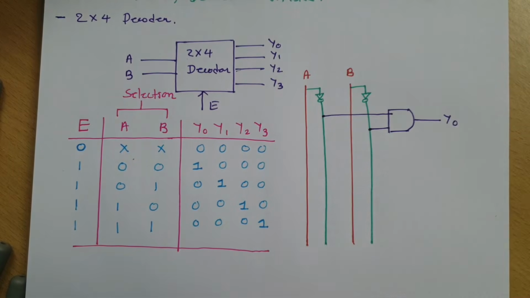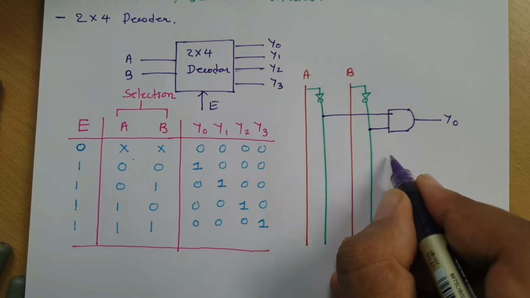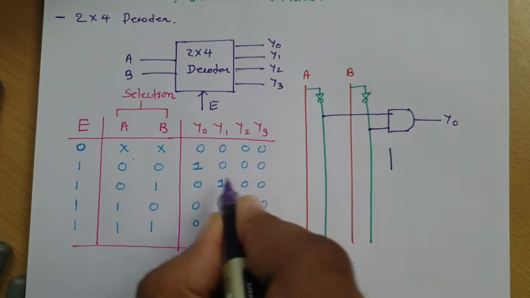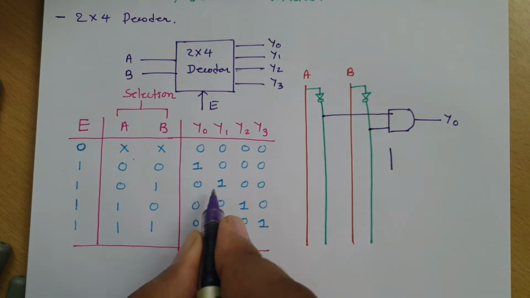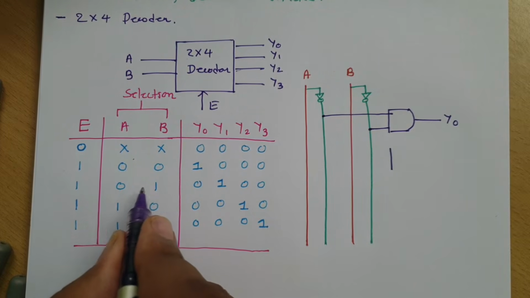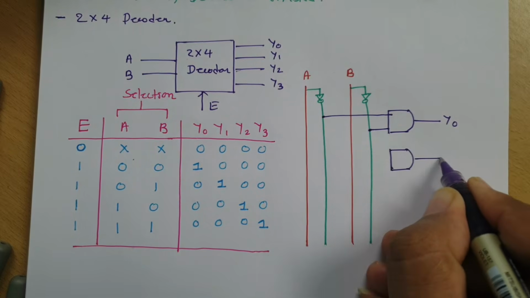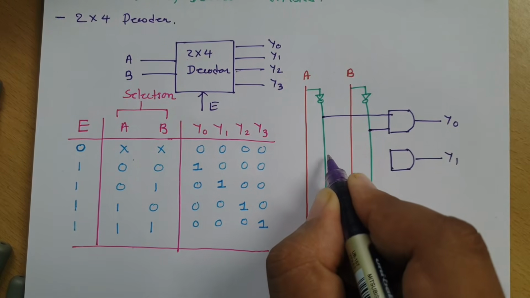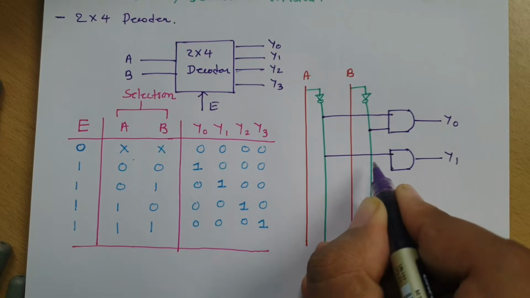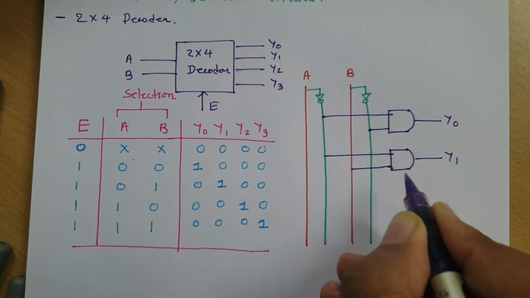So this is A bar, B bar, right? Now if I wanted to have Y1, then you see, A is 0 and B is 1, means A is A bar and B is B. So here at the output side, to have Y1, A bar and B, that I need to select.